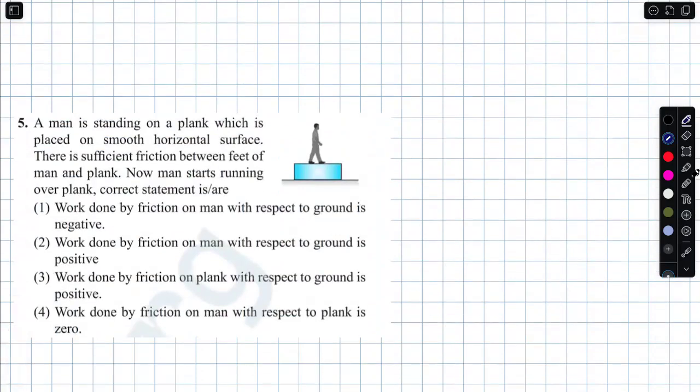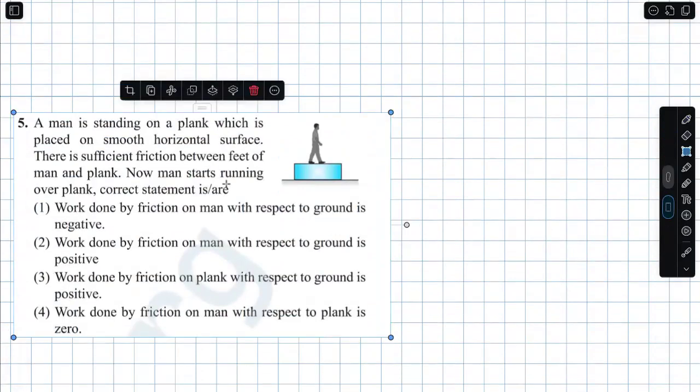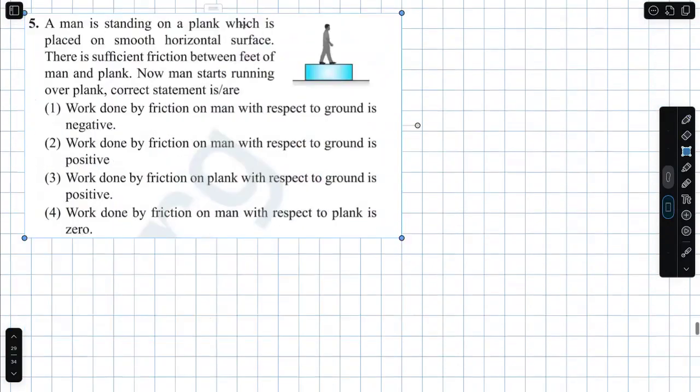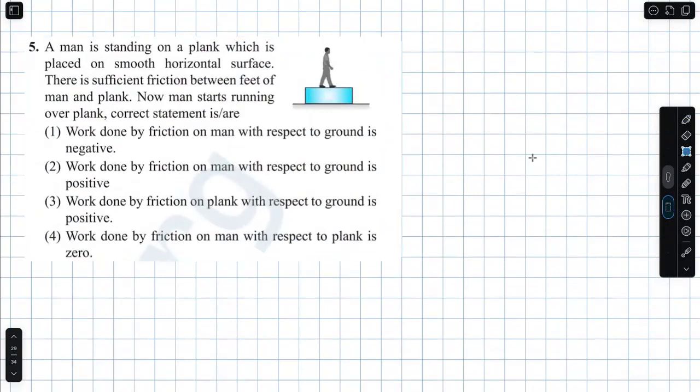Right. We will work on this theory question now. It's a theory question only, hardly. A man is standing on a plank which is placed on a smooth horizontal surface. There is sufficient friction between the feet of the man and the plank. Now the man starts running over the plank.